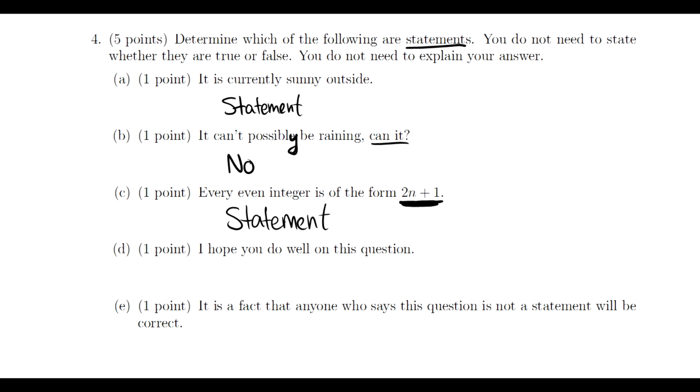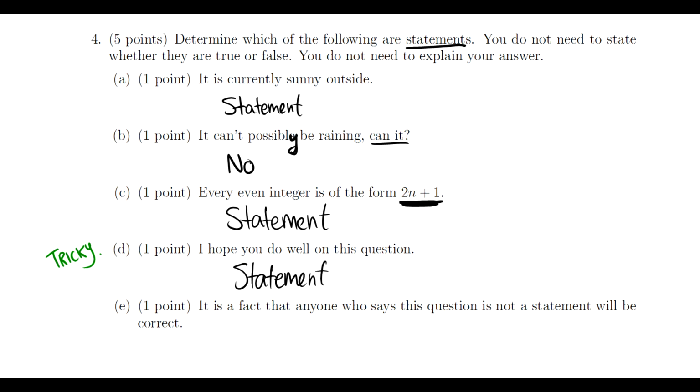Okay, question D, this is really tricky. I felt bad for this actually, because when I wrote this question, I wrote it intending this to not be a statement, but it is a statement, and unintuitively, it might be a statement. So if I say, I hope you do well on this question, I'm making a statement about my feelings.